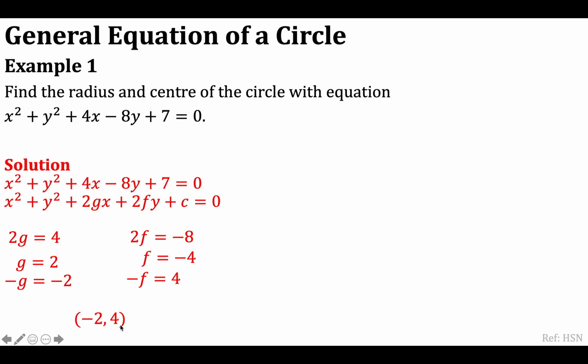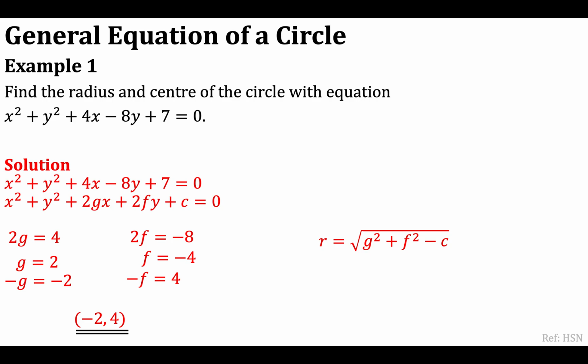So we get negative 2, 4. So either way, if you want to go through all of this working, that's absolutely fine. But likewise, if you want to multiply the coefficients of x and y by negative a half, that is absolutely fine as well.